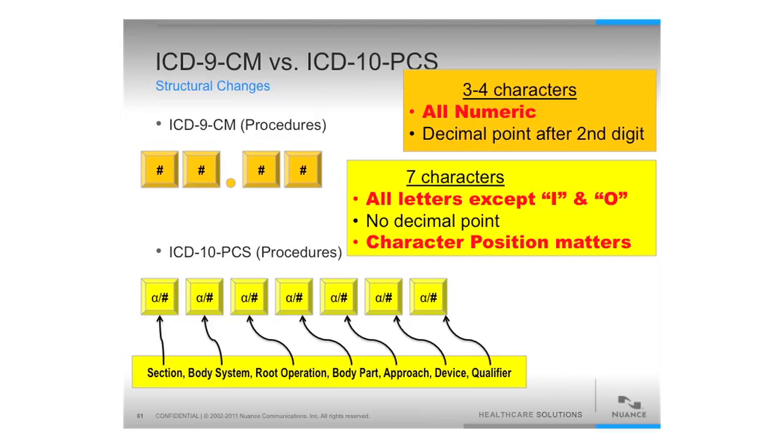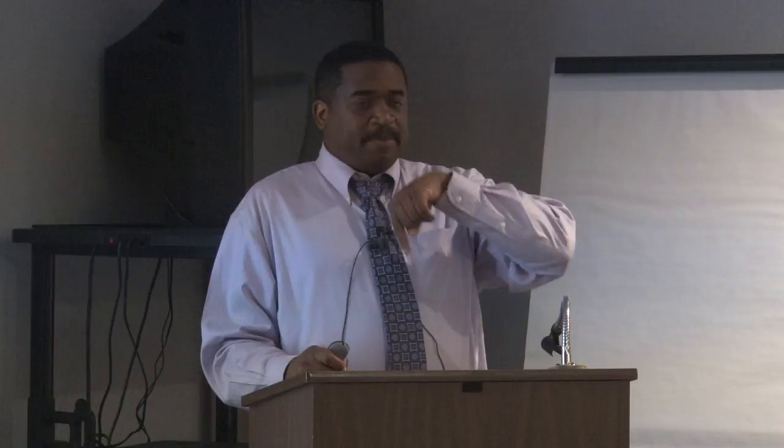Now, we've got section. That's pretty much everything we do. Falls in one of those sections, medical and surgical being the biggest one. Body system and body part are anatomy. By the way, what we understand to be a body part and what a coder understands to be a body part can be 2 different things. You say, I did an EGD.